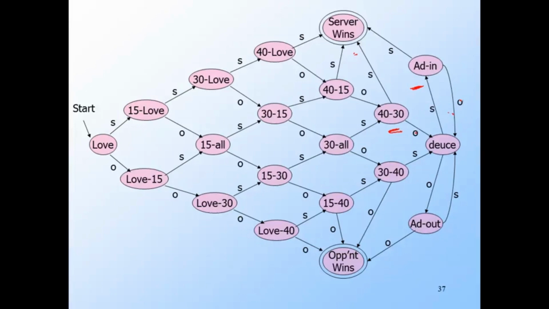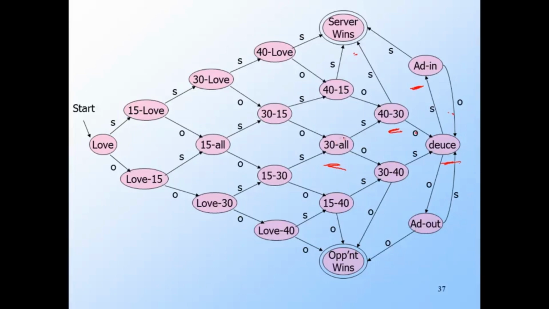Now we can deduce that 30-all, that's here, and deuce are also indistinguishable. On input S, they go to 40-30 and advantage in, respectively.